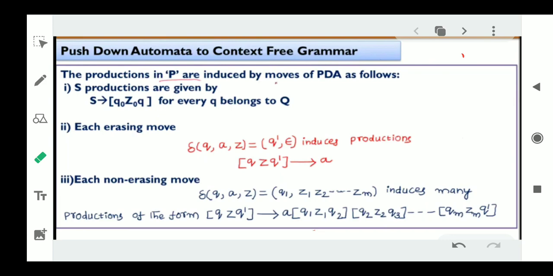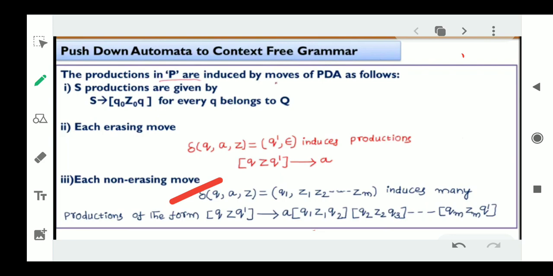Our second rule: in the given PDA, we need to observe whether a push operation is taking place or a pop operation is taking place. Suppose a push operation is taking place, then we need to identify and consider the transition in the form delta of Q, A, Z equal to (Q1, Z1 Z2 and so on up to Zm), and it gives many productions of this form.